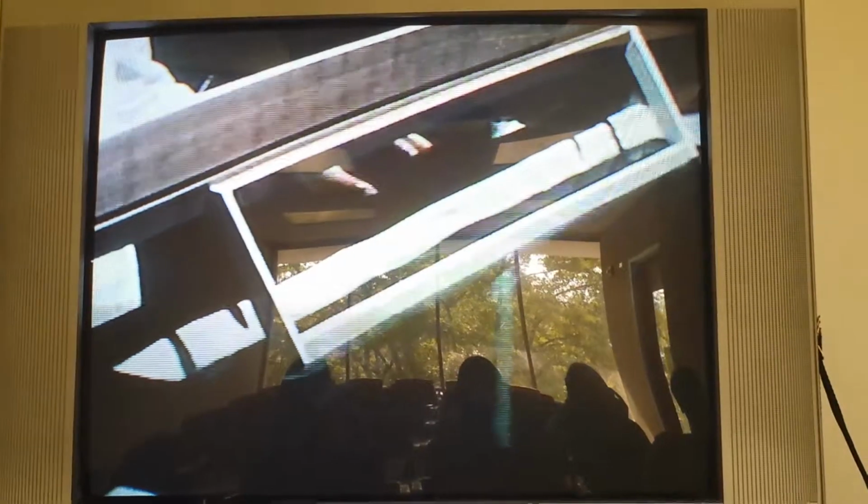Now we are going to experiment with ripples which travel in straight lines, not circular ones. Here are the straight ripples which we've made.